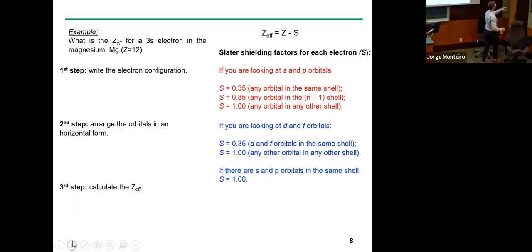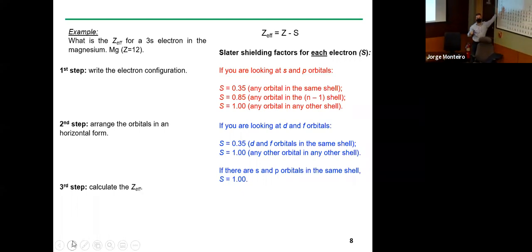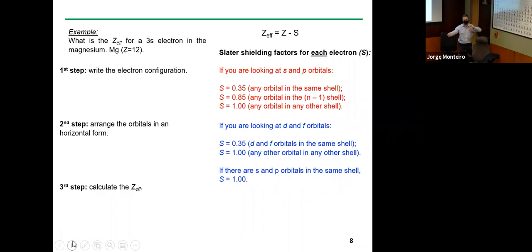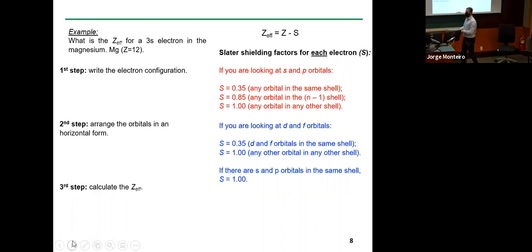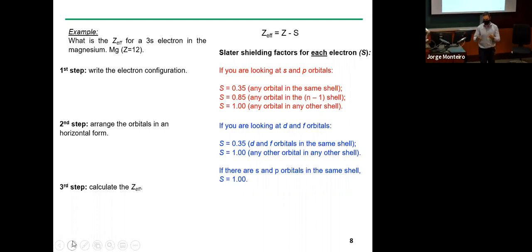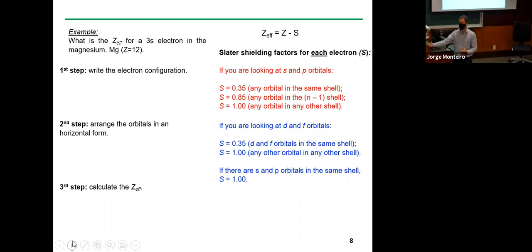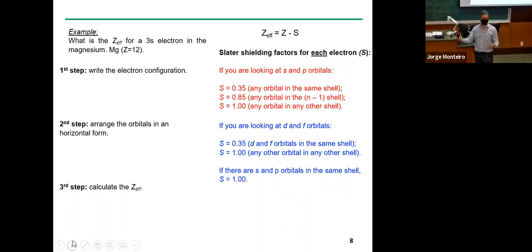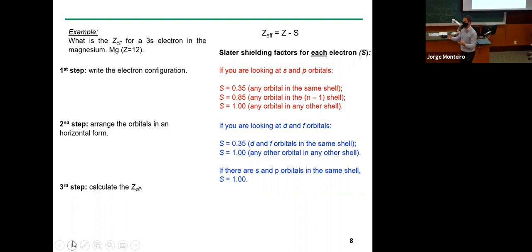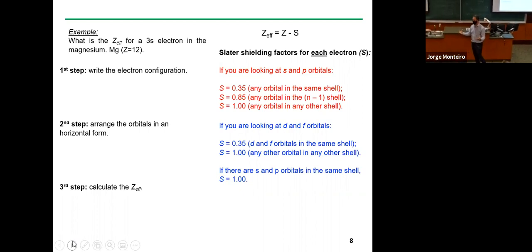From 11 to 12, you added 1 proton and also added 1 electron. However, which element will attract the valence electron with a higher intensity? Sodium or magnesium? Magnesium, because the Z effective is larger.